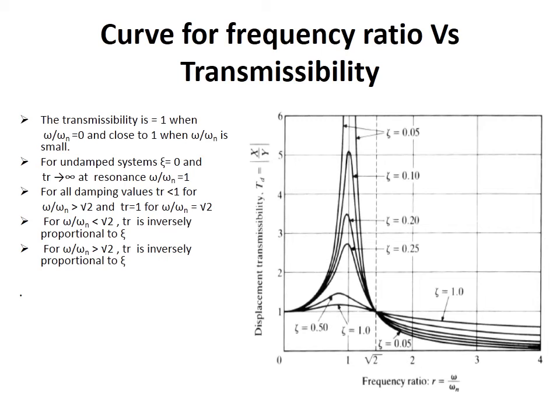For an undamped system, when zeta equals 0, transmissibility is infinite at omega equals omega n, the resonance condition. For all damping values, transmissibility is less than 1 in this section, where omega by omega n is greater than root 2. Here transmissibility is less than 1, and here it is more than 1.